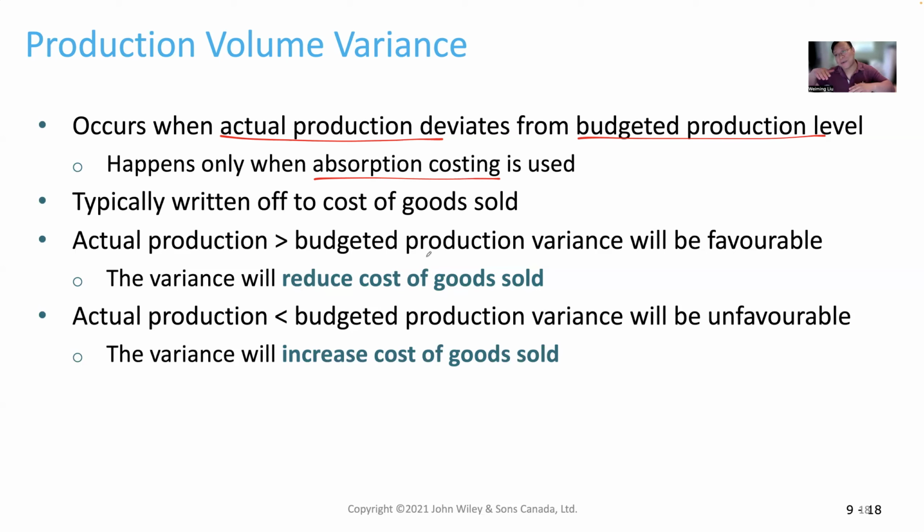If your cost is lower, that's favorable. So you see the logic behind this. When actual production is more than budgeted production, that's good news, your cost will be lower, and therefore the cost of goods sold will be reduced by the volume variance. If the actual production is less than budgeted production, it's unfavorable, so your cost will be higher and your cost of goods sold will be increased.